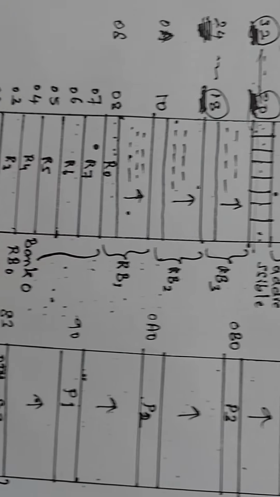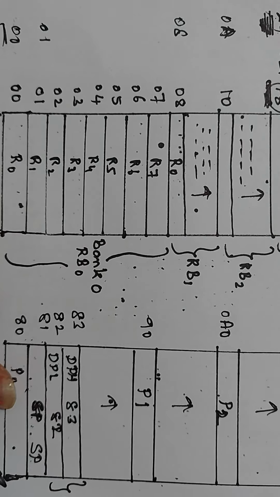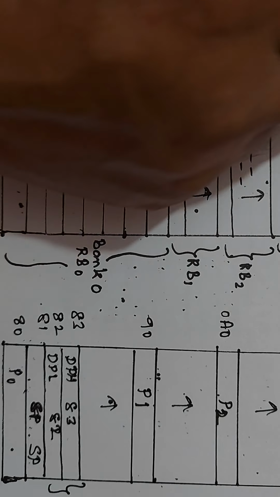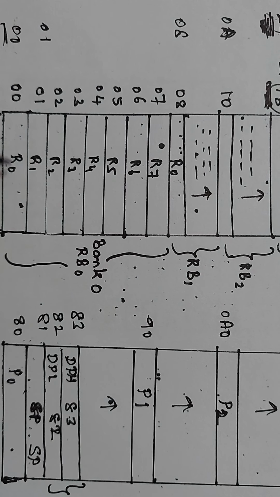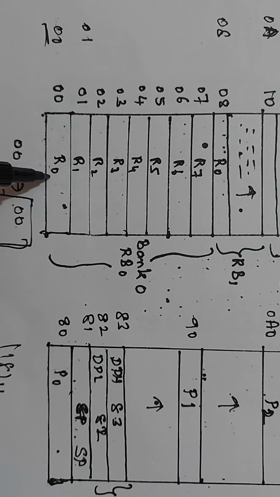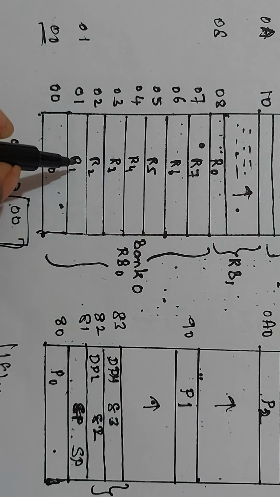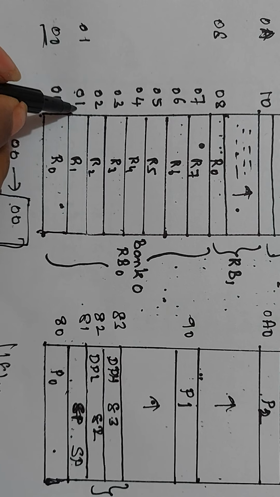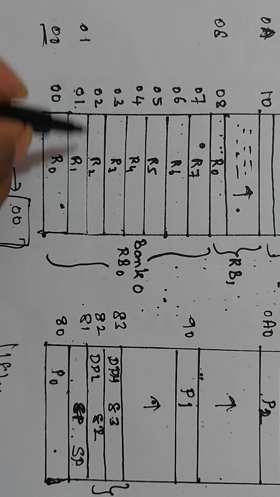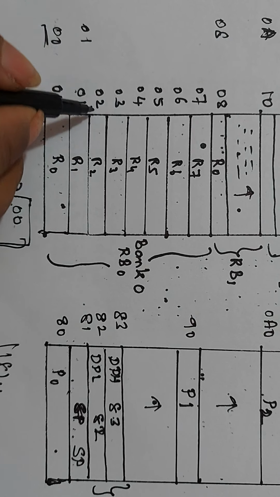Okay. However, in the RAM locations from 0 to 127 bytes, you see 00 is represented as the register R0. The register R1 is represented by the byte address 01. The register R2 is represented by the byte address 02.